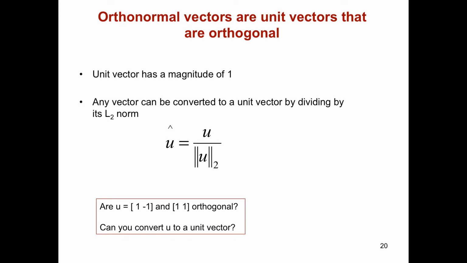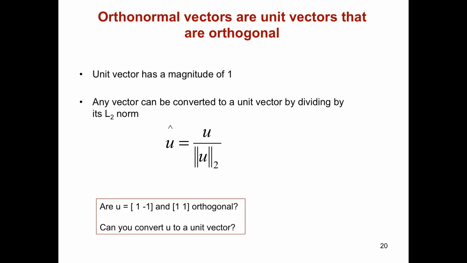If I were to convert 1 and minus 1 to a unit vector, let's see, is Jacob here, Jacob McKenzie? So Jacob, if I was to convert 1 and minus 1 to a unit vector, how would I do that? Just a quick review.